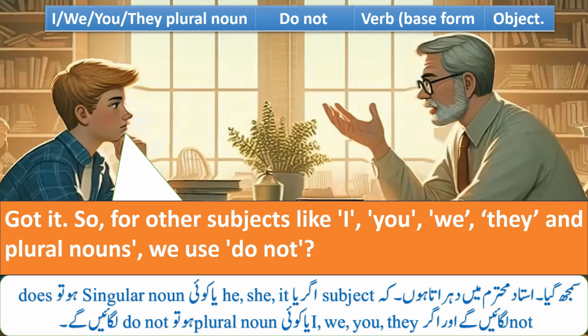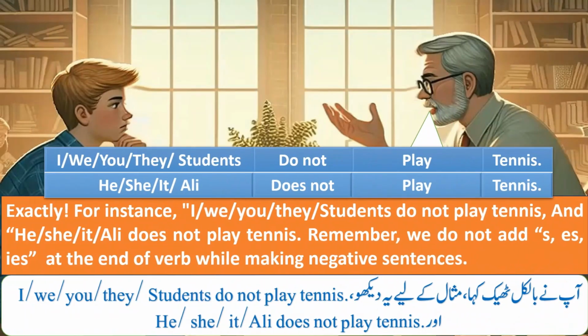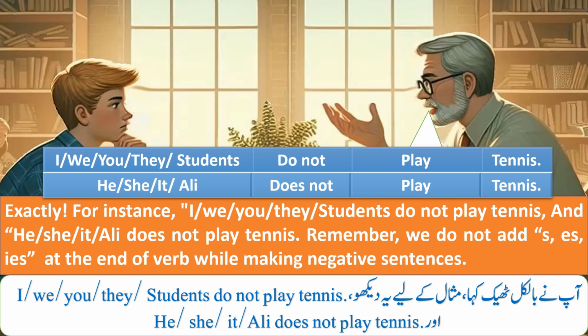So, for other subjects like I, you, we, they, and plural nouns, we use do not. Exactly. For instance, I, we, you, they, students do not play tennis, and he, she, it, Ali does not play tennis. Remember, we do not add s, es, or ies at the end of the verb while making negative sentences.